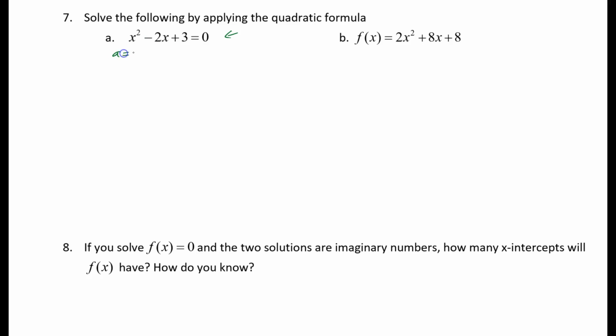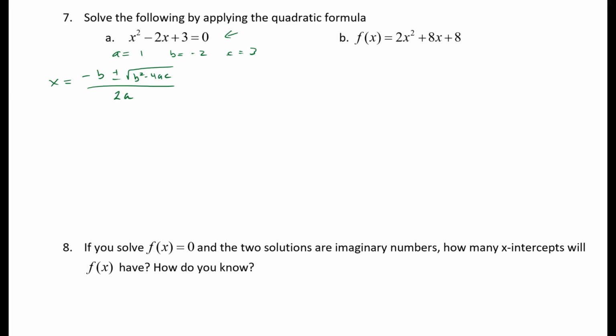And I'm just going to identify those coefficients. So we know that a equals 1, b equals -2, c equals 3. And then we just write the quadratic formula. x equals -b plus or minus the square root of b squared minus 4ac all over 2a.